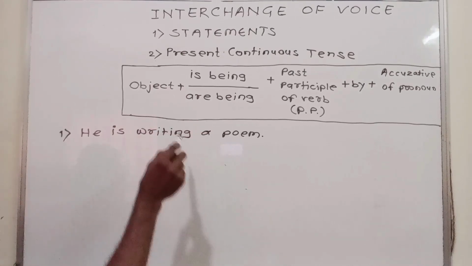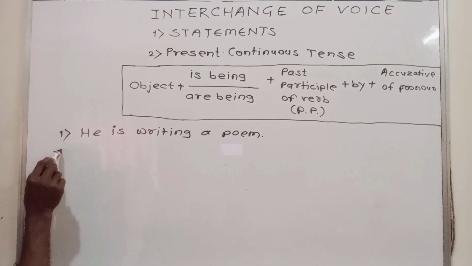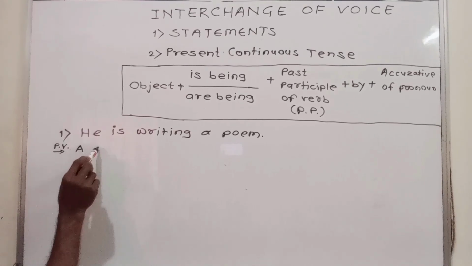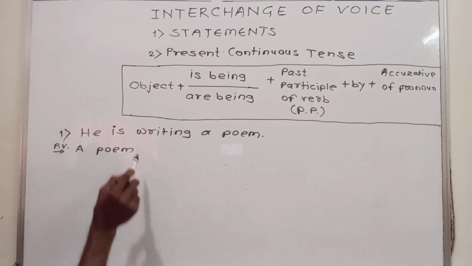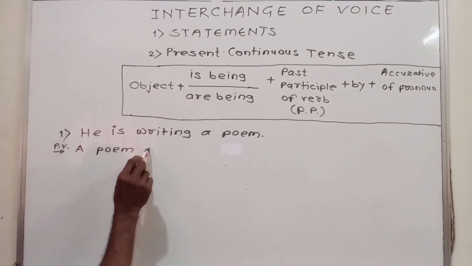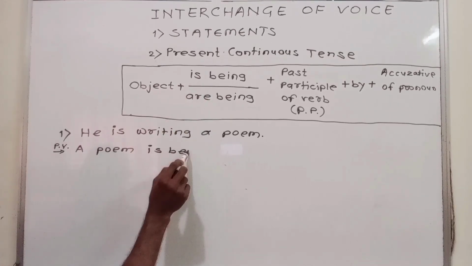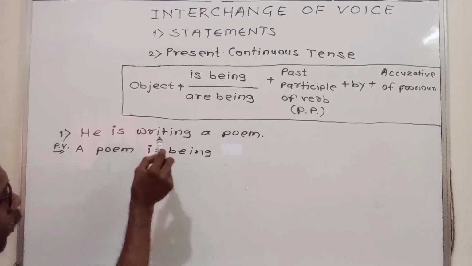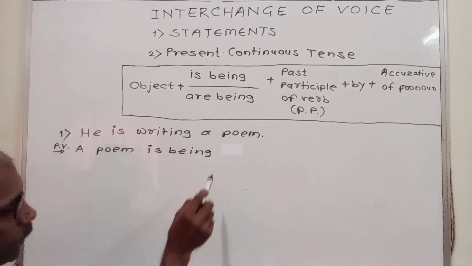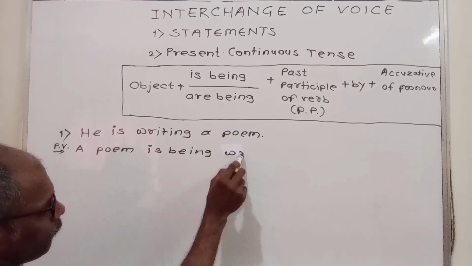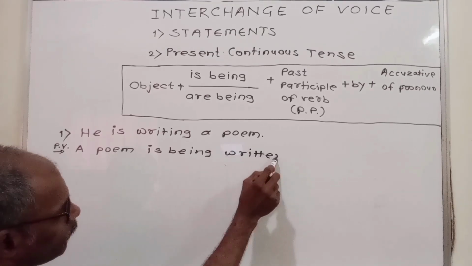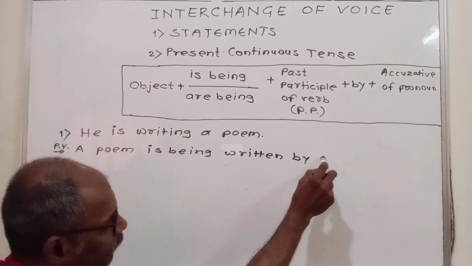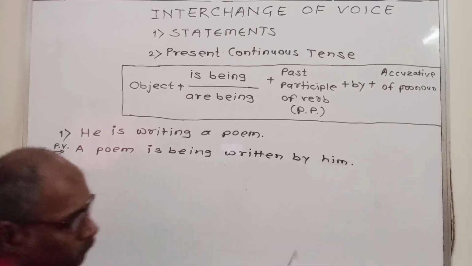A poem is the object, first in passive voice. Only one poem, singular, so we write is being. A poem is being, past participle of write, written, then by, and he becomes him. Did you get it?